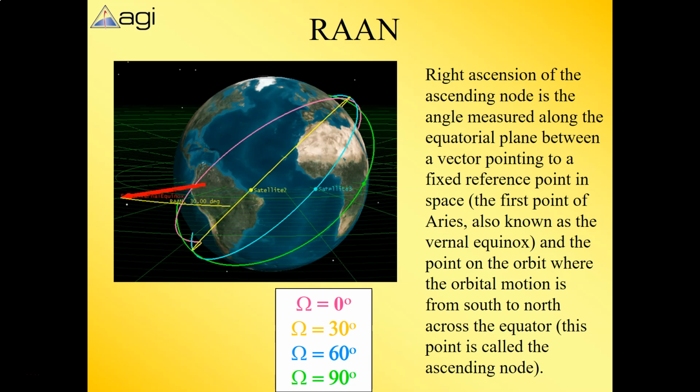RAAN refers to the vernal equinox, which is determined by the orientations of the Earth's rotation axis and the orbit about the Sun, or around the Sun. These orientations vary over time. In actuality, our, quote, fixed celestial reference point is not really fixed.